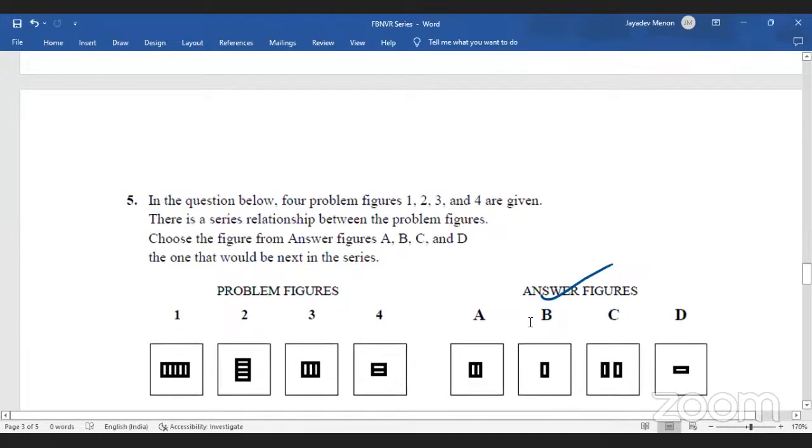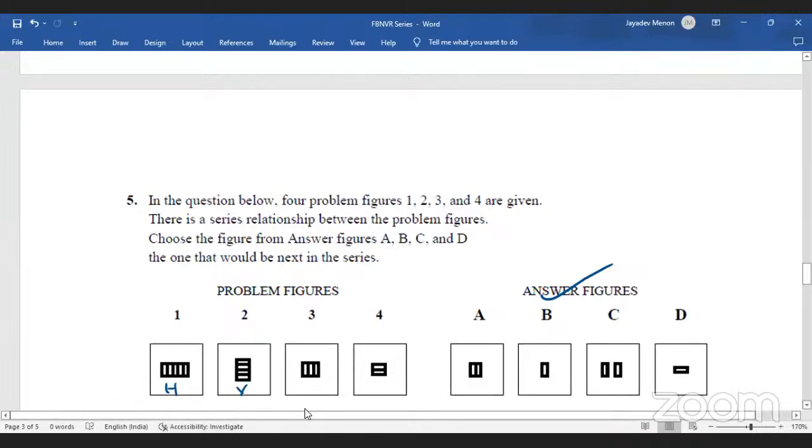If you are looking at the problem figures, in the first figure, we have 1, 2, 3, 4, 5 rectangles and the shape is horizontal. In figure 2, the number of rectangles is decreased by 1 and the shape changes to vertical.